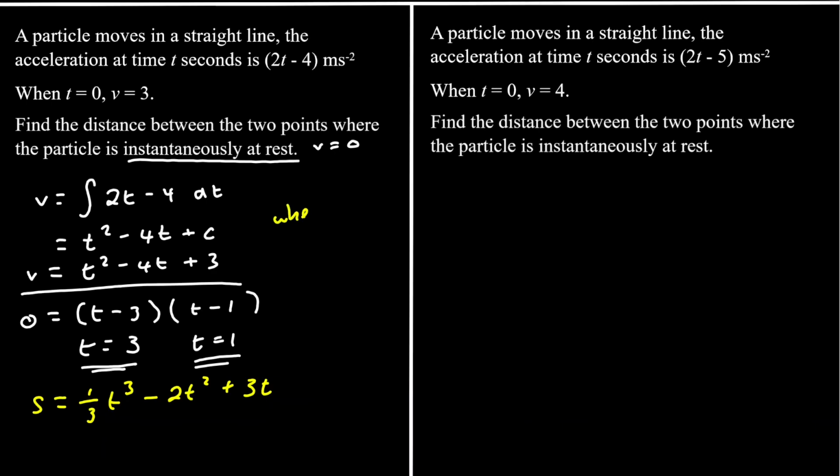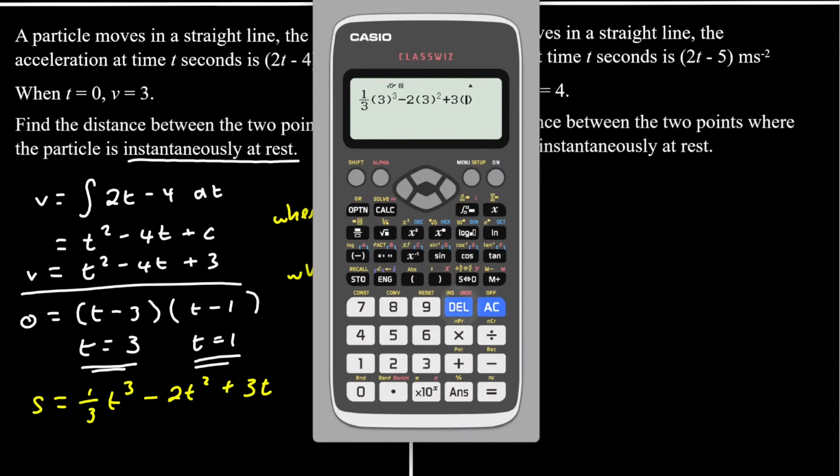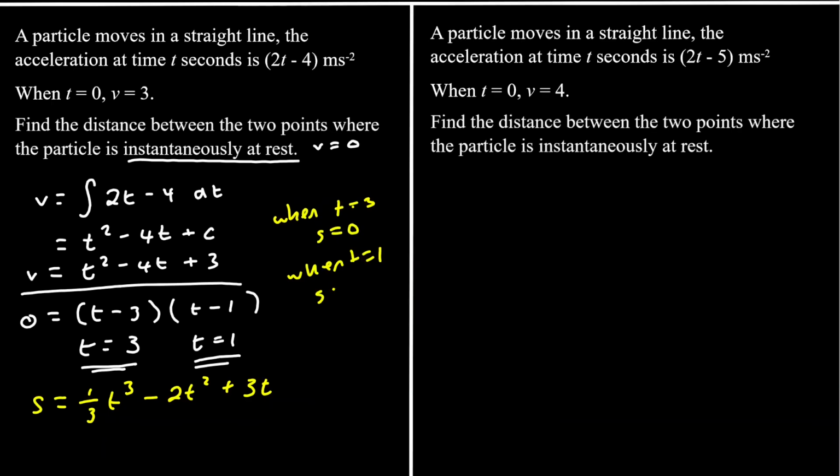So when t equals 3, s equals 0. And when t equals 1, what's the displacement? It is 4/3. So what's the difference between them? It is 4/3. So 4/3 meters.